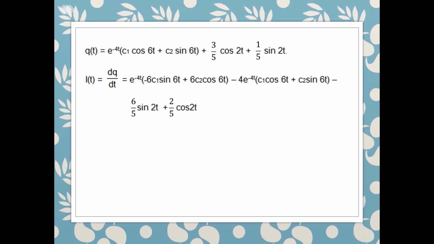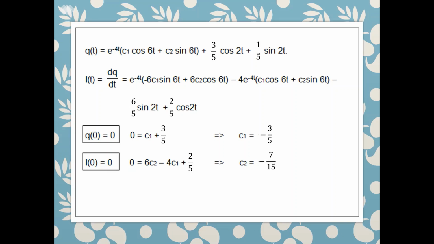Take note that this is not the final answer because you need to determine the value of c1 and c2 first. As stated in the question, there is no initial charge and no initial current. Therefore, when t is 0, q is 0, and i is 0. Substitute this into the answer of q and i with respect to t and simplify.